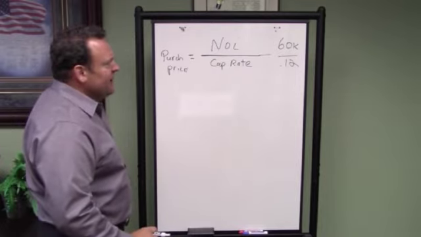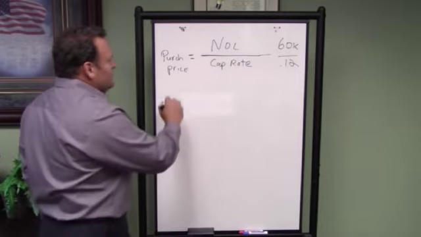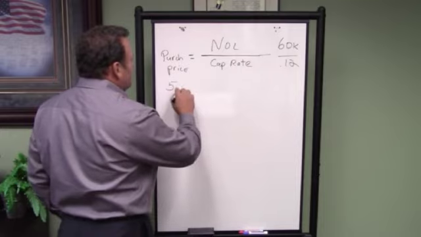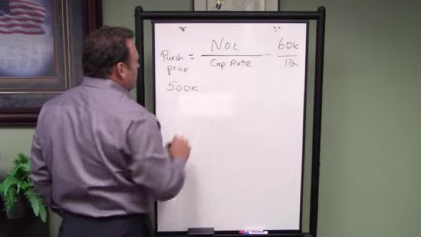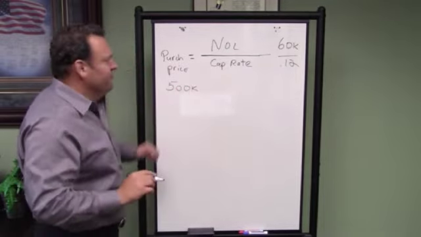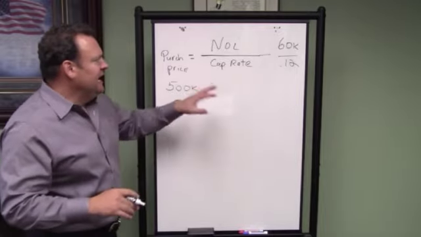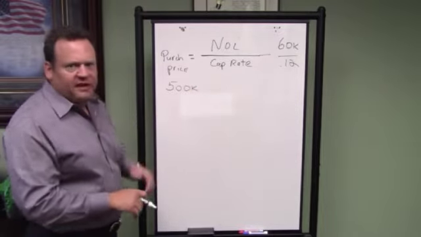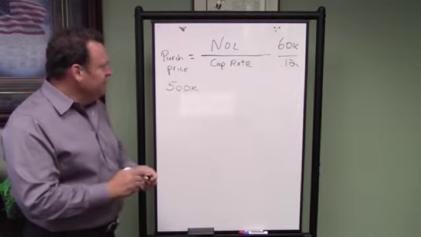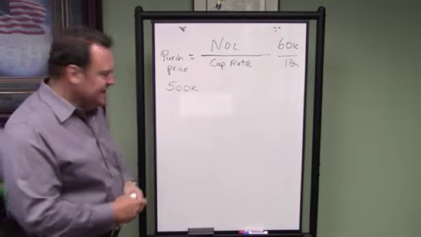At a 12% cap rate, $500,000. That's what you're paying for it. So the higher the cap rate, the less you're paying for it. Does that make sense? You'd have to pay $500,000 to get a 12% cap rate.